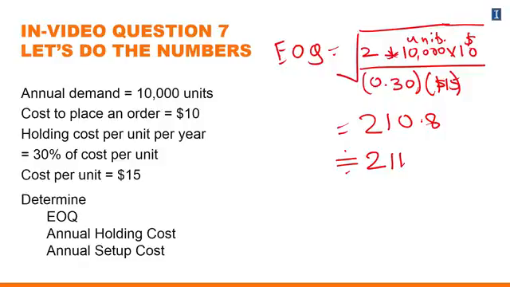Now let's go to the components of calculating the total annual cost for ordering and the total annual cost for holding. So total annual cost for ordering, number of orders is going to be based on the annual demand. So that's 10,000 units of annual demand. You order 211 at a time. This will give you the number of orders.